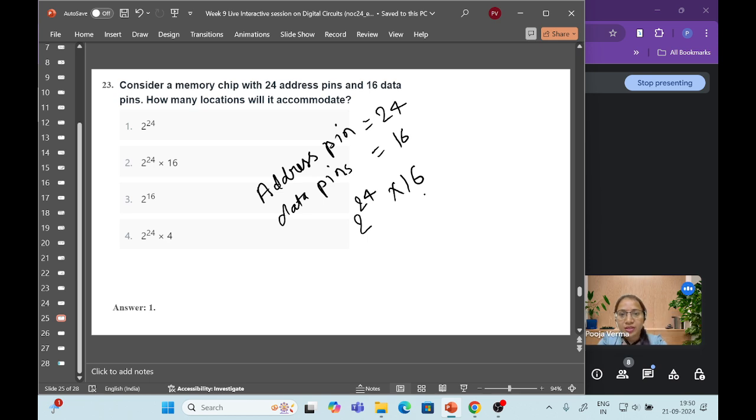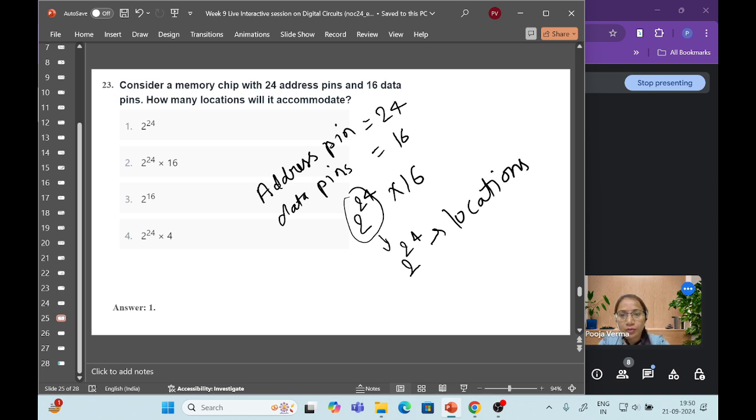Data pins means the 16 pins where we give the input data, and 2 to the power 24 is the address locations where the data will be stored. It is related to the memory locations. So how many locations will it accommodate? 2 to the power 24 locations will be there.